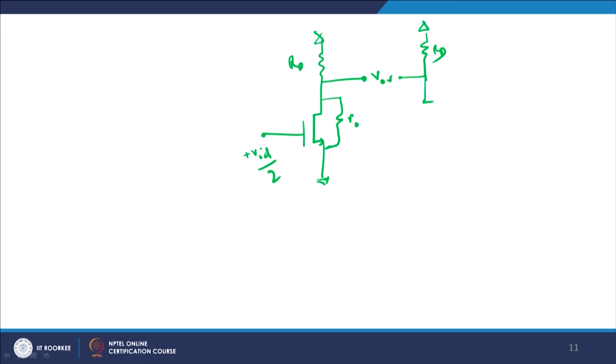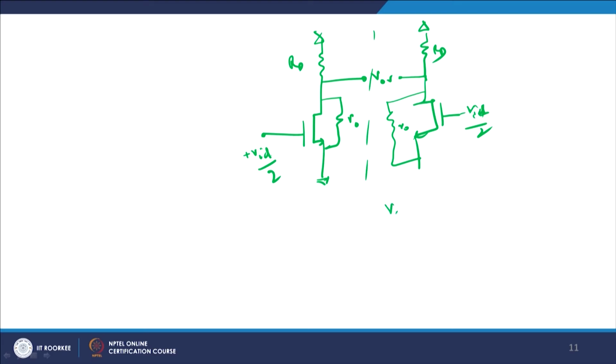Then as you come down, you have minus VID by 2 because they are perfectly antisymmetric with respect to each other, and therefore this will also have a resistance given as R0. So, this is the half circuit which you see, half on this side, half on this side.